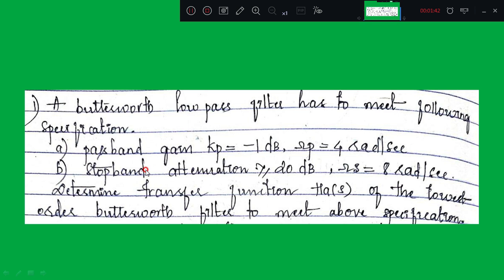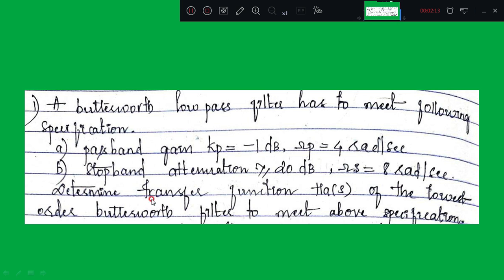Here the stop band attenuation is given, and the stop band gain is the negative of the stop band attenuation. So the stop band attenuation is 20 dB, which means the stop band gain Ks is minus 20 dB, and the stop band edge frequency is given, that is 8 radian per second.